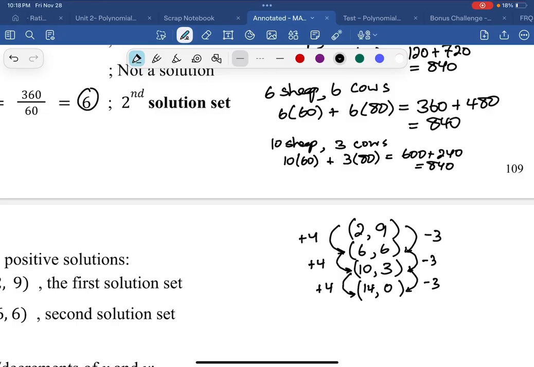So 14 sheep, 0 cows. 14 times 60 plus 0 times 80 is straight up 840, so that checks out also. If I were to try it again, I'd get 18 and negative 3. But that would be out.